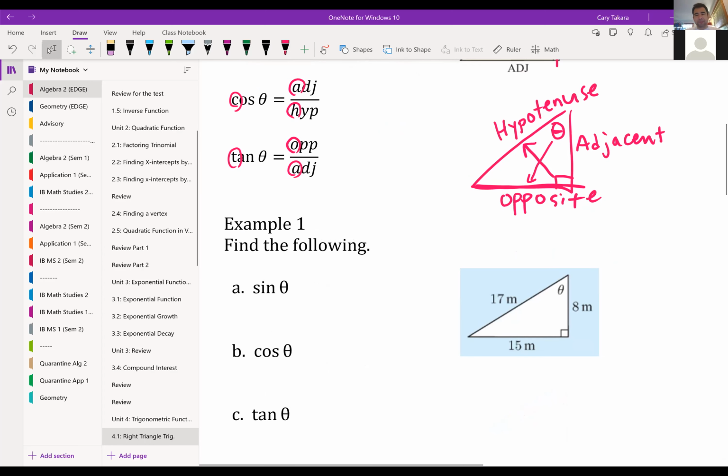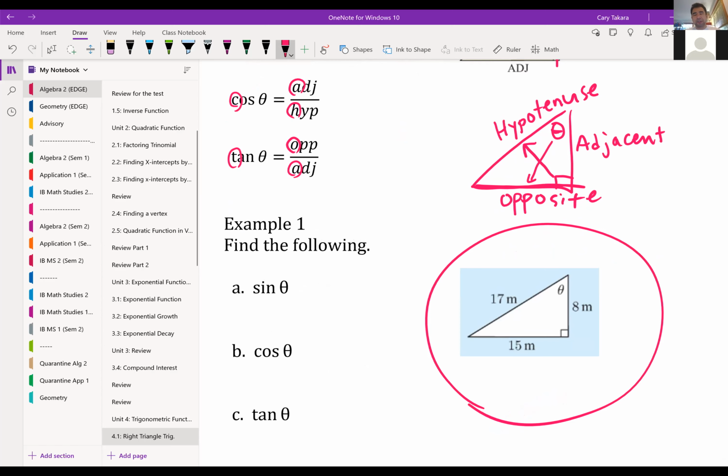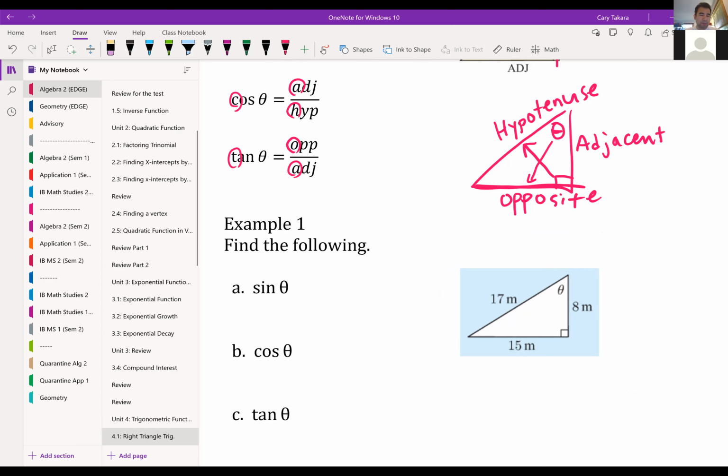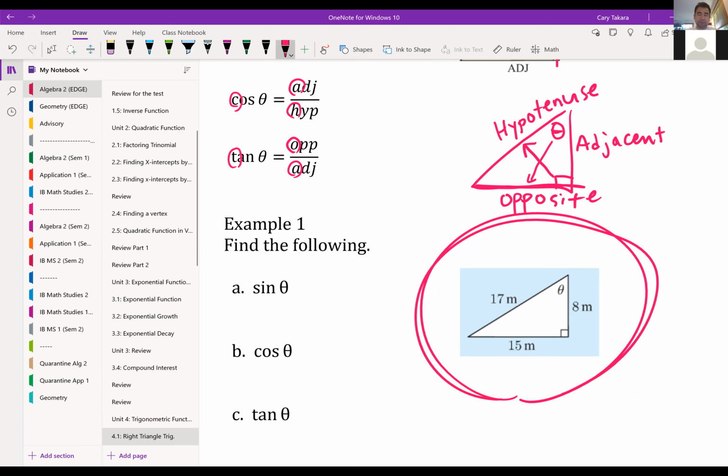So for example, here's the question: find the following. We are not solving for anything. We're just going to identify the ratio. Sine of theta. To do this problem, you're going to label all three sides: opposite, hypotenuse, and adjacent. Please copy this down and label each side of the right triangle.